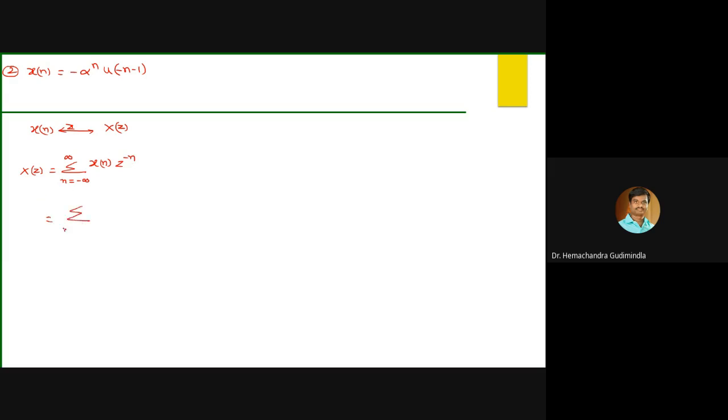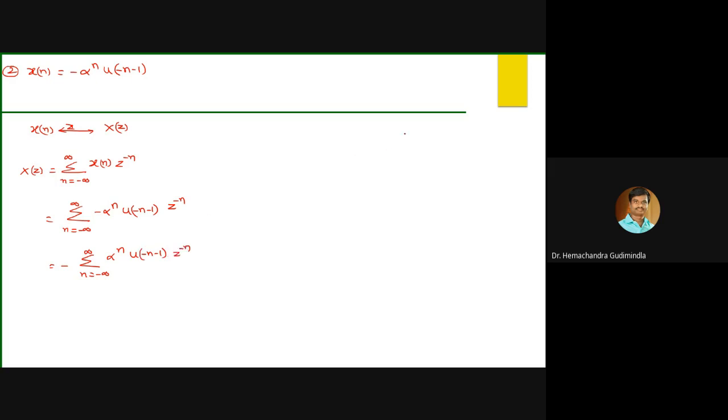It is nothing but minus alpha power n u of minus n minus 1. Now you can take the minus outside: minus summation n equal to minus infinity to infinity of alpha power n u of minus n minus 1 z power minus n.